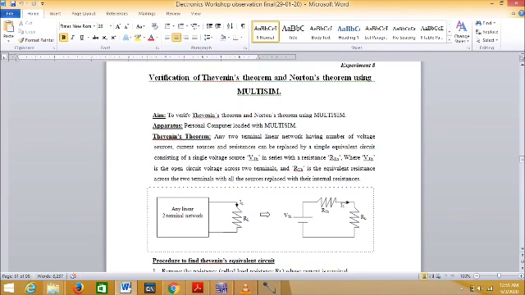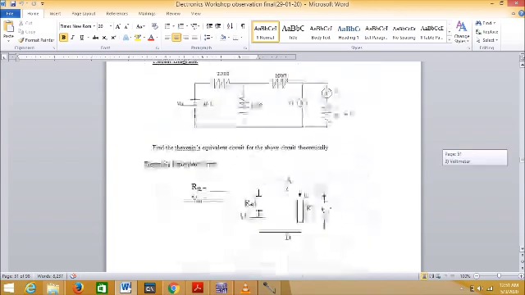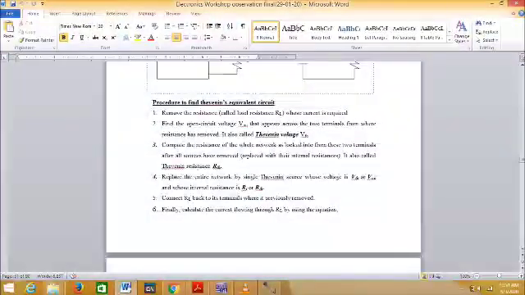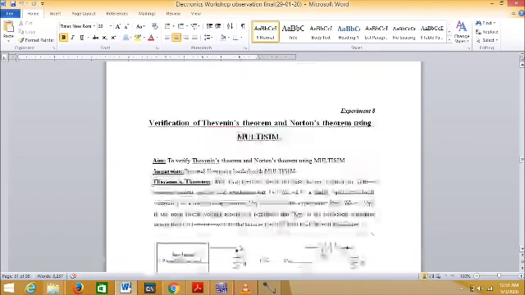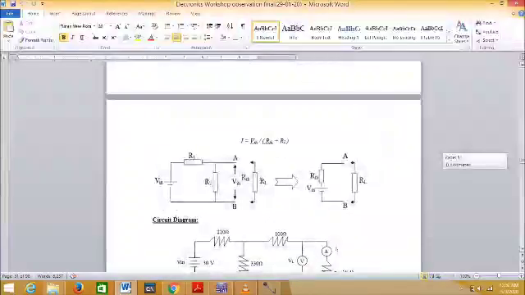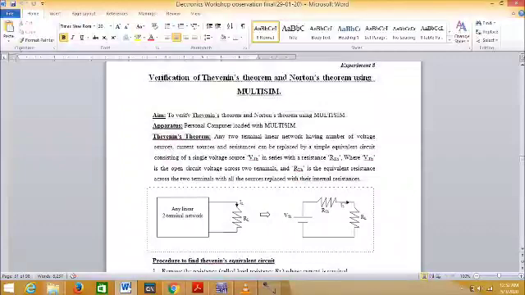Even so, in this observation I have also given you the procedure to find the Thevenin equivalent circuit, stepwise. I'll explain in detail.